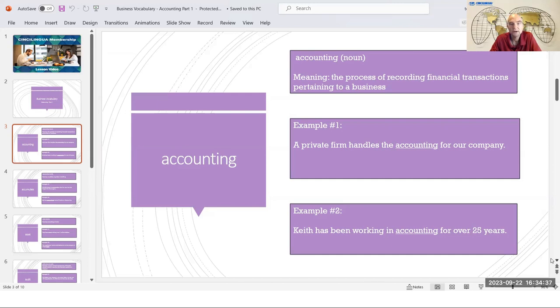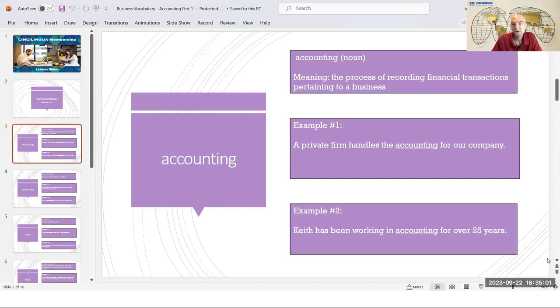Now, example sentence number 2 says, Keith has been working in accounting for over 25 years. So Keith is an accountant. An accountant is somebody who works in accounting.